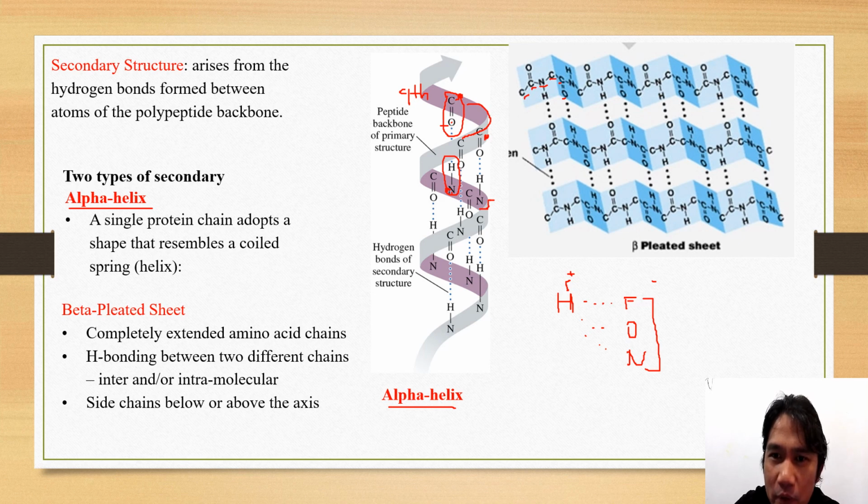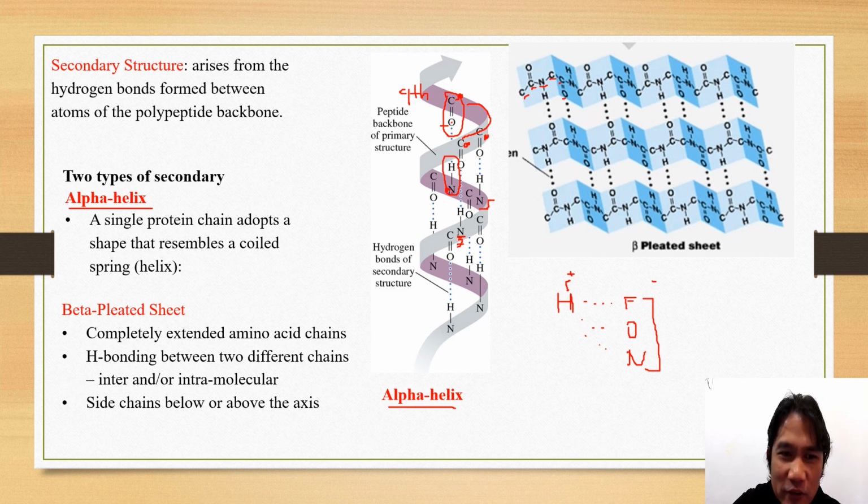If this carbonyl group is part of the third amino acid, then it is attracted to the amino group of the seventh amino acid. So that's what the alpha helix does.